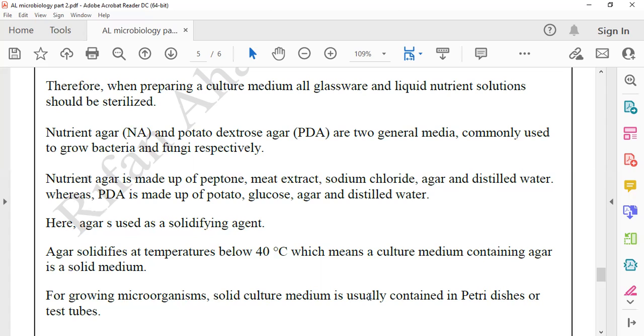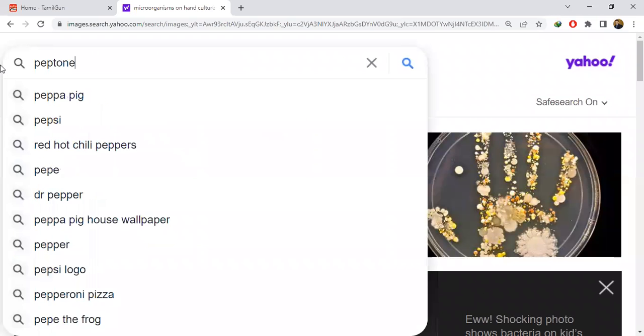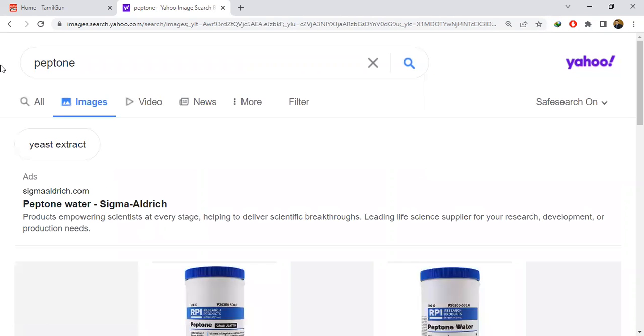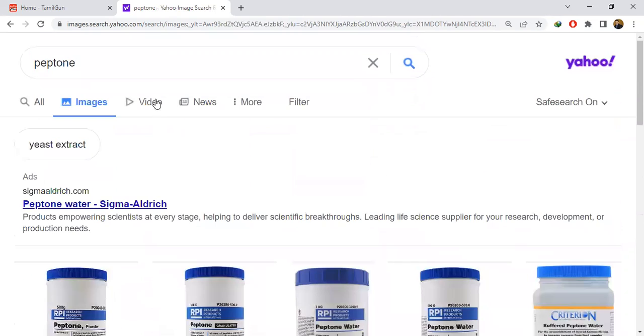So there are two media. Nutrient agar, and the other one is potato dextrose agar. Nutrient agar, if you consider, we are making it using peptone. It's a protein source, a yellow color protein source called peptone. I will show you peptone. So this is peptone powder.